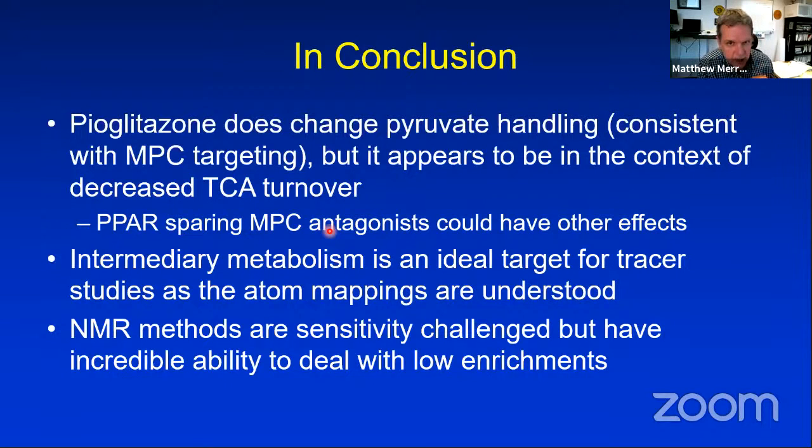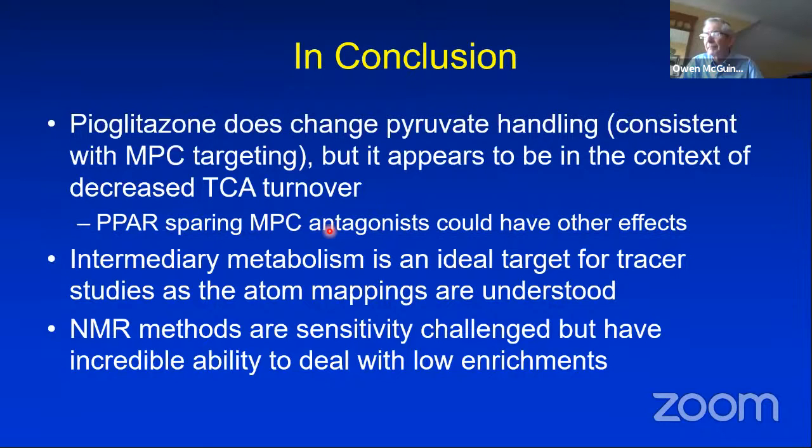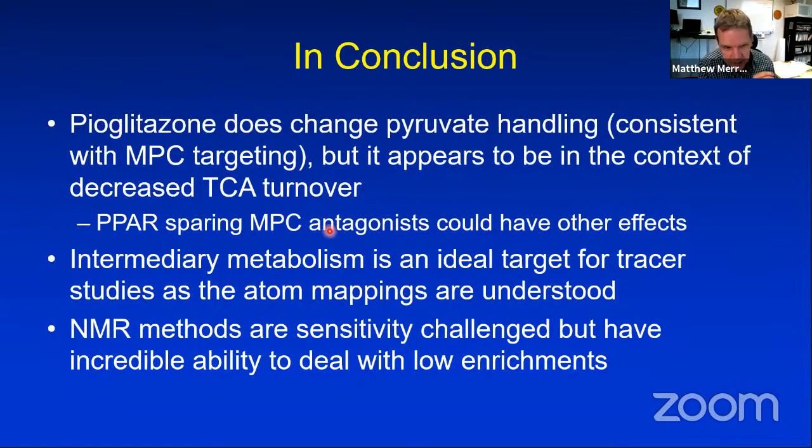So I really think this data is pointing to something going on in the TCA cycle. I don't think shoving more pyruvate through pyruvate carboxylase is going to make the TCA cycle run faster or slower. I think there's something down there that's down-regulating the TCA cycle concomitantly with the decrease in pyruvate availability.